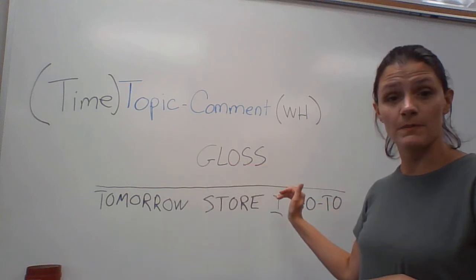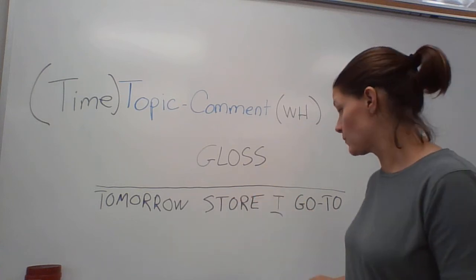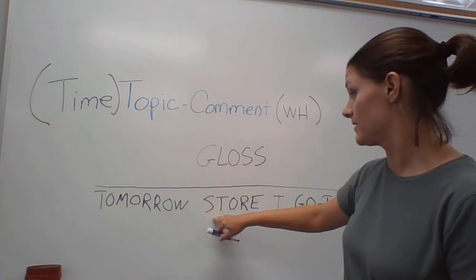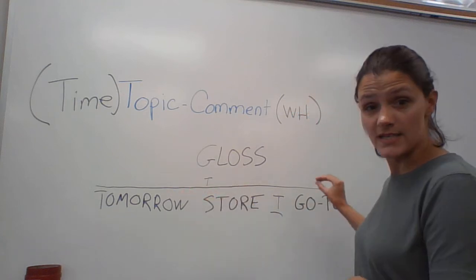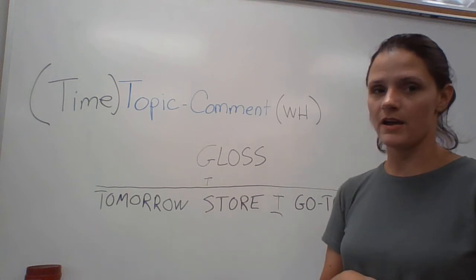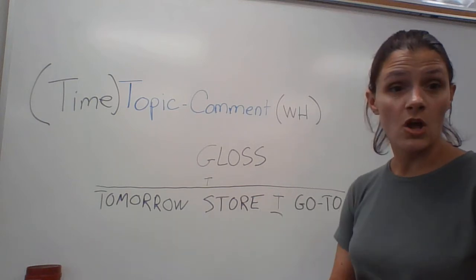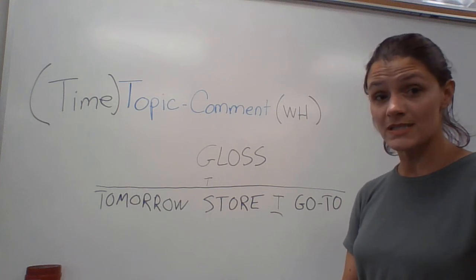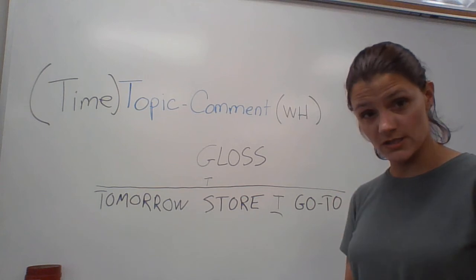All capital, line above it. Non-manual features go above the line, as well as in very formal gloss. This is the topic. I would have a T over the topic. Parts of the sentence go above the line as well. A little odd. Other thing you need to know, in formal gloss, if there's something you need to spell, if it is finger spelled, it is done in all capital with dashes in between.